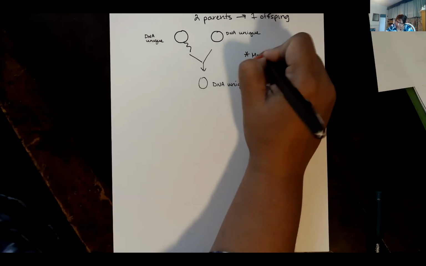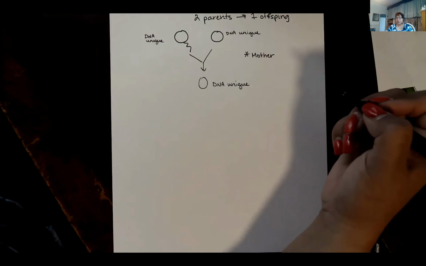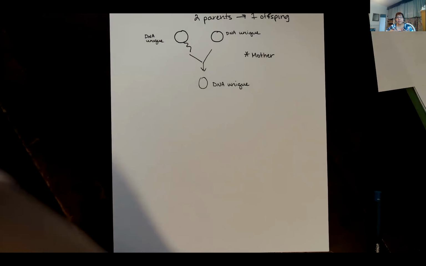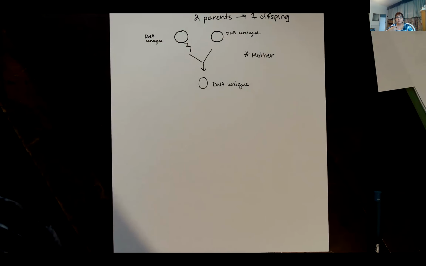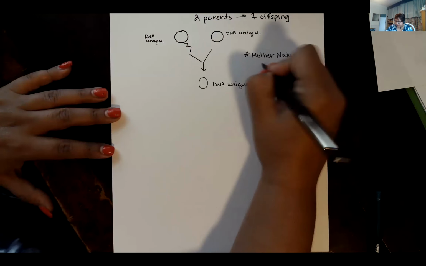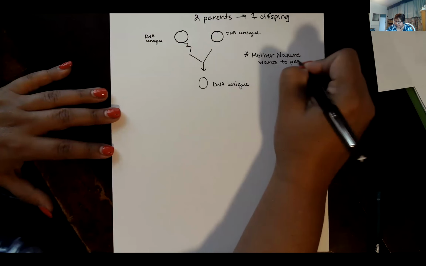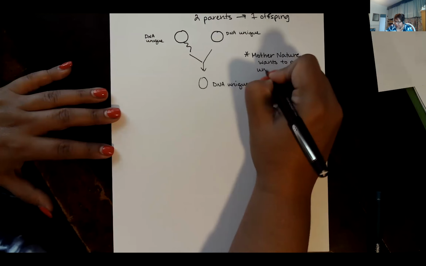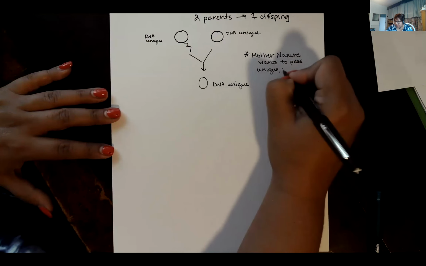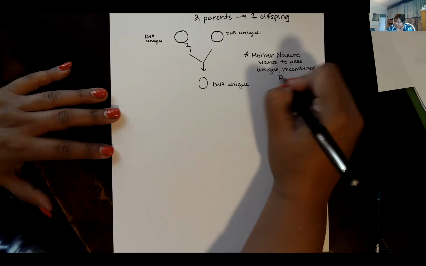Mother Nature, not only does she want you to pass along your DNA, that's the primary purpose of reproduction, but she also wants the DNA to recombine, or she always wants the DNA to do something new. So Mother Nature wants to pass on unique, recombined DNA.